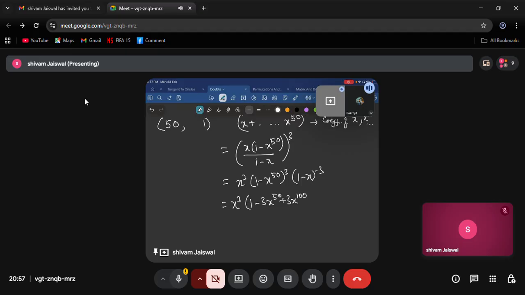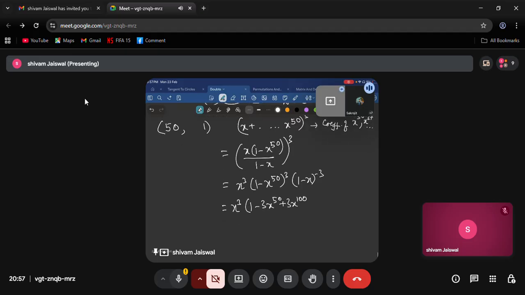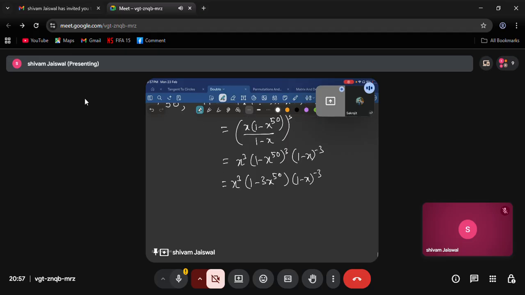That is not required. Maximum will go up to 50 only. And that 150 is also not required. Into (1 minus x) whole to the power minus 3. So this will basically become x cube into (1 minus x) whole to the power minus 3, minus 3x to the power 53.